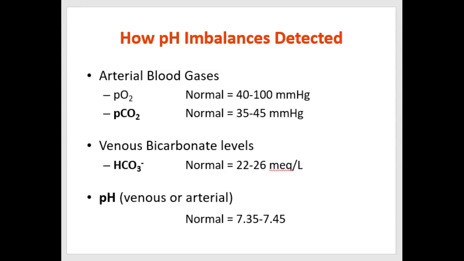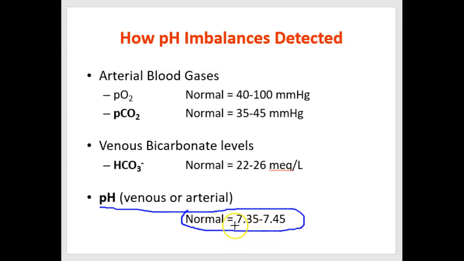So if you actually look at the pH of either venous or arterial blood, the imbalance will be almost undetectable because either the urinary or the respiratory system is compensating.